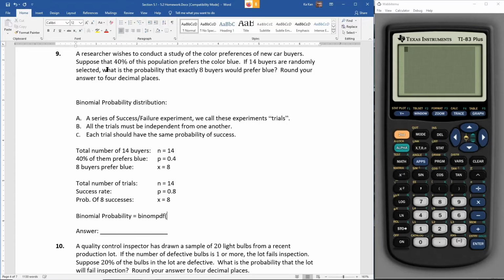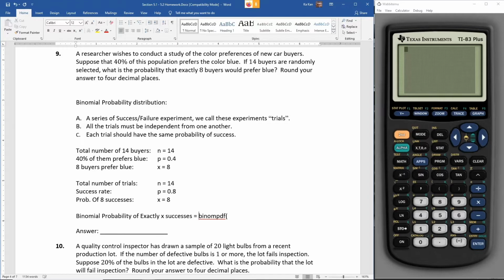BINOMPDF, and I know it's a little bit crazy, right? BINOMPDF is basically the binomial probability of exactly X successes.